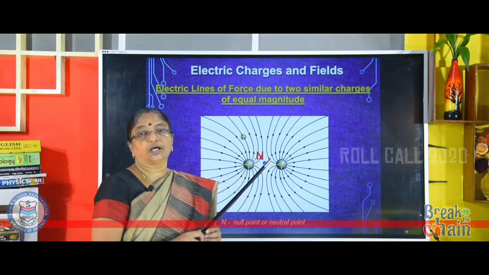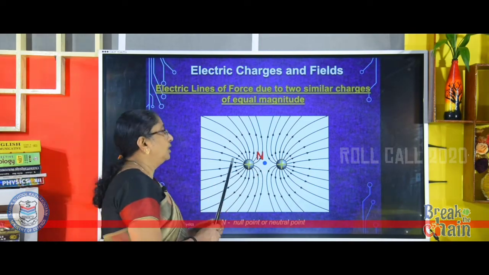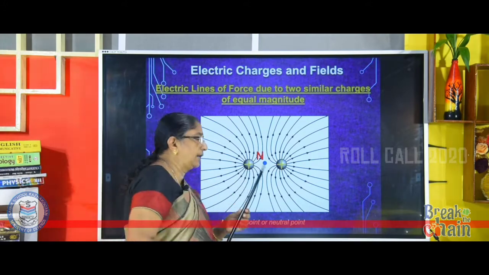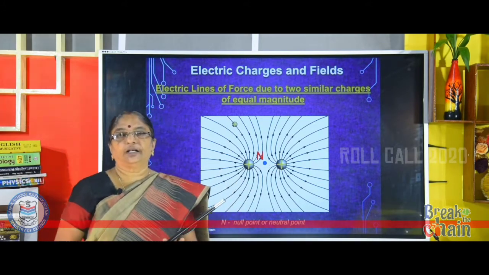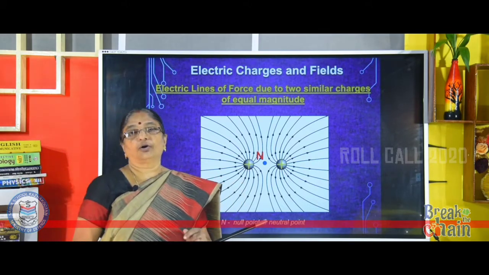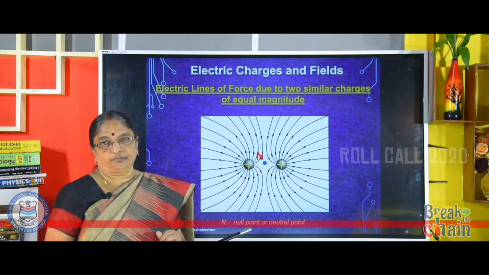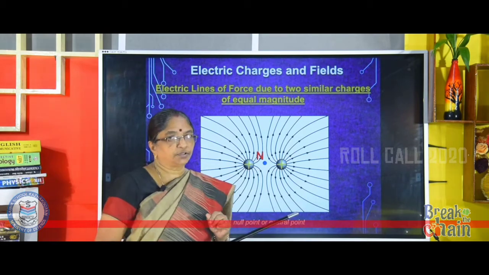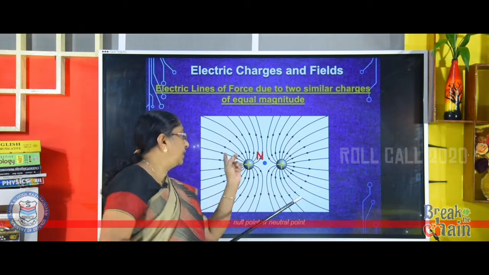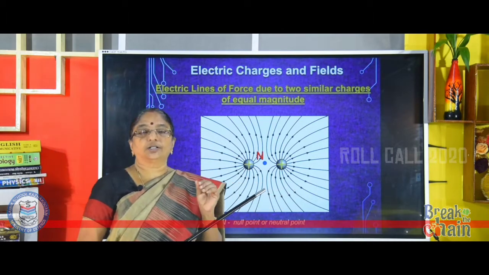Since both the charges are equal in magnitude, both the forces get cancelled. So this point N, where the electric field intensity is 0, is known as the null point or neutral point. And as seen in the picture, the neutral point will be the midpoint of the line joining the two charges.